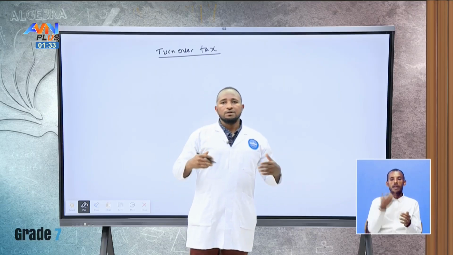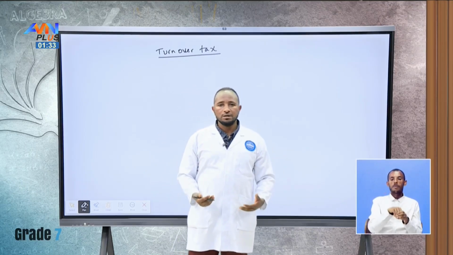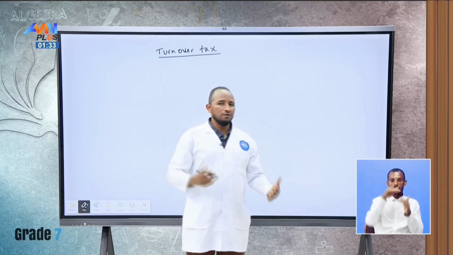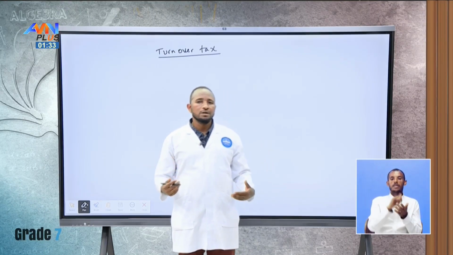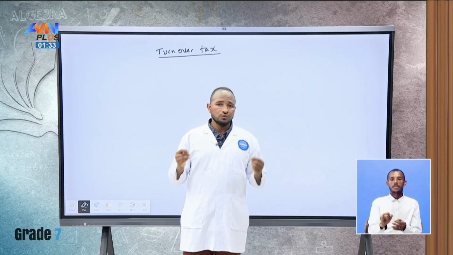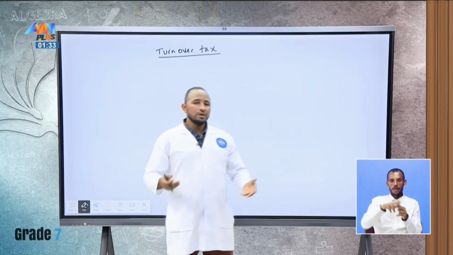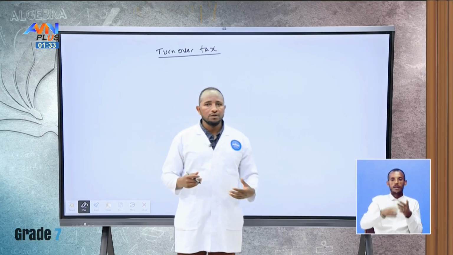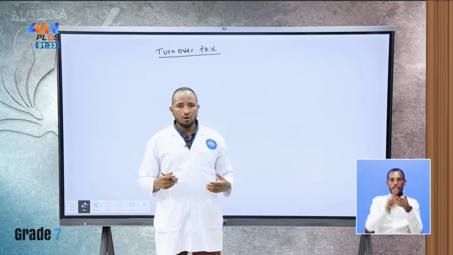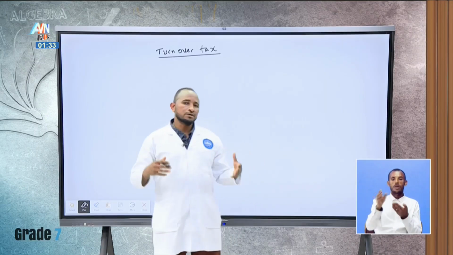If the annual income of a given merchant is less than 500,000, that merchant is registered to collect turnover tax. In the Ethiopian context, its rate is 2% on goods sold and service rendered locally.